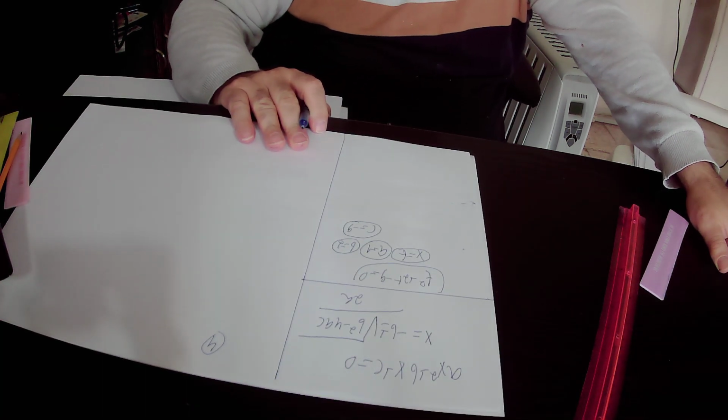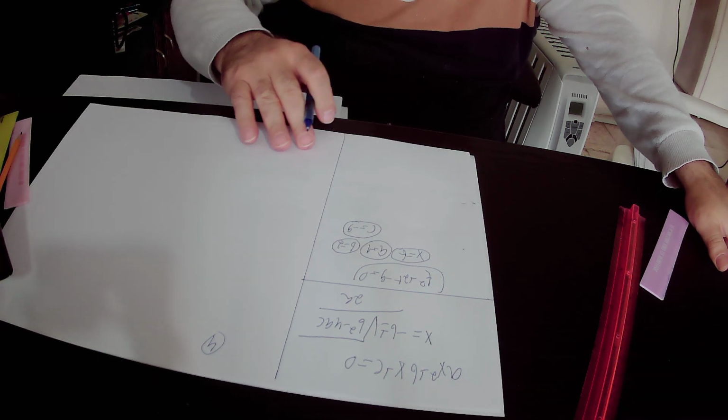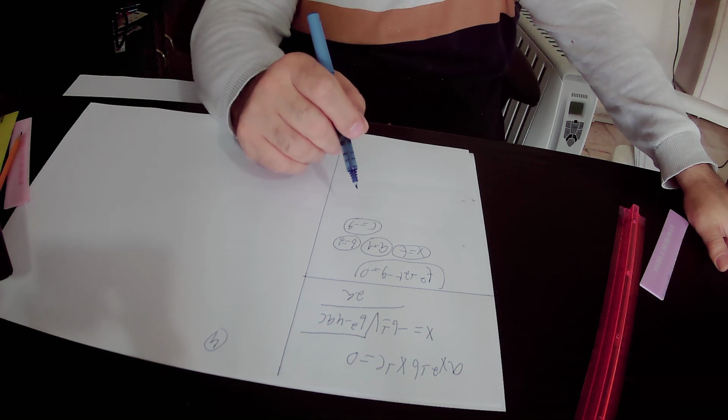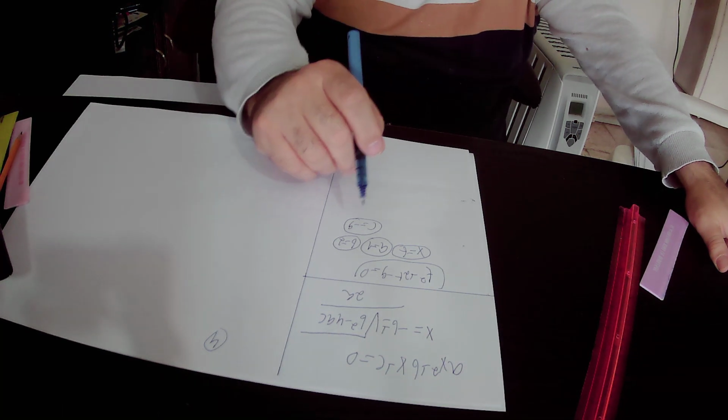The only thing left to do here is to put the data inside the formula for x, and we will find out the value of t, the variable that we are looking for.